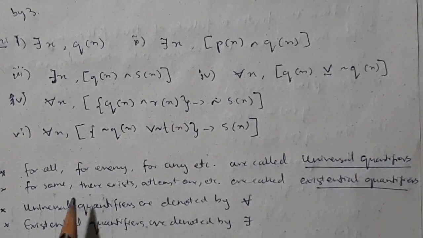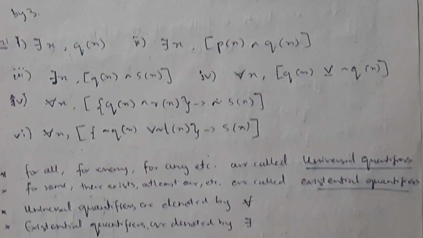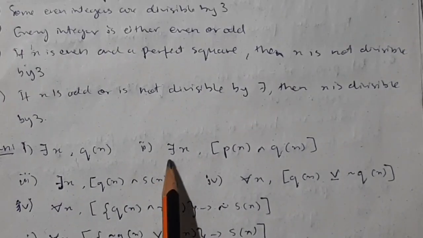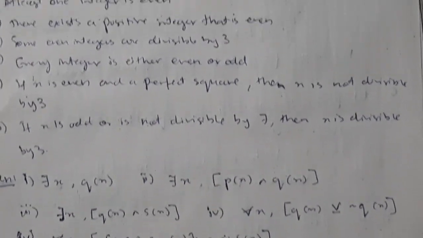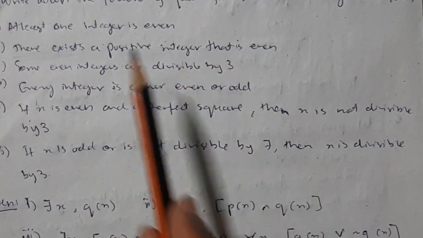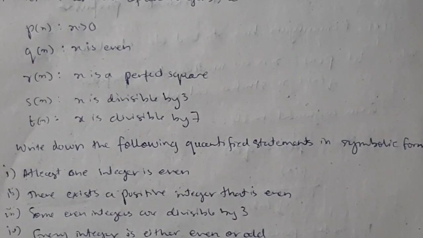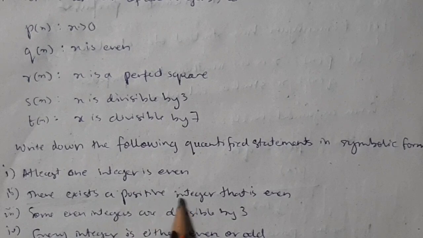Here, for some, there exists, at least one, these are all existential quantifiers, so we will use this symbol now. So in the answer we will write this symbol here, and what's the next statement given? There exists a positive integer that is even. So two sentences are ANDed in it, meaning mixed in it. See here, there exists a positive integer.